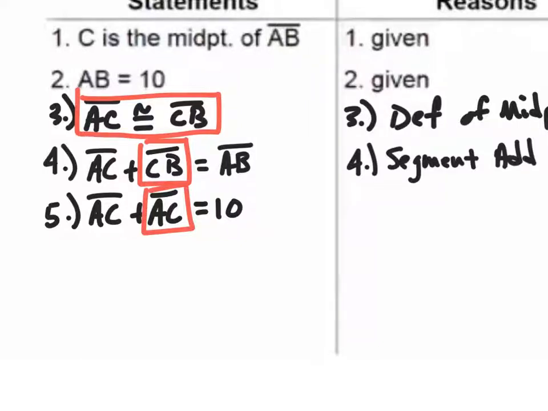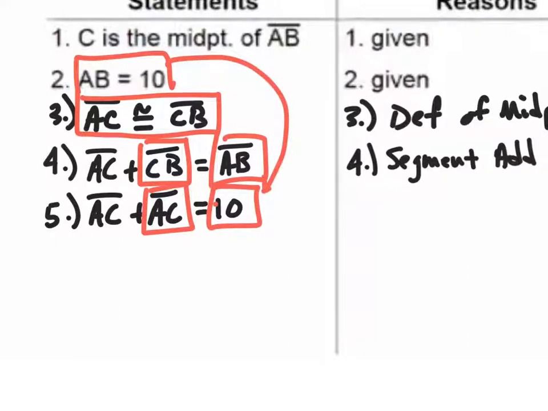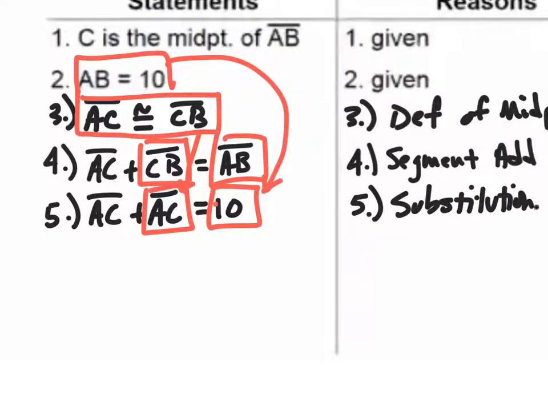I substituted that in. You'll see why, because I have to arrive at a conclusion that AC is equal to 5 logically through mathematics. Then the other thing is I replaced AB with 10. Again, I took that fact and substituted it down here. So the reason why I wrote that was because of substitution. I replaced things.